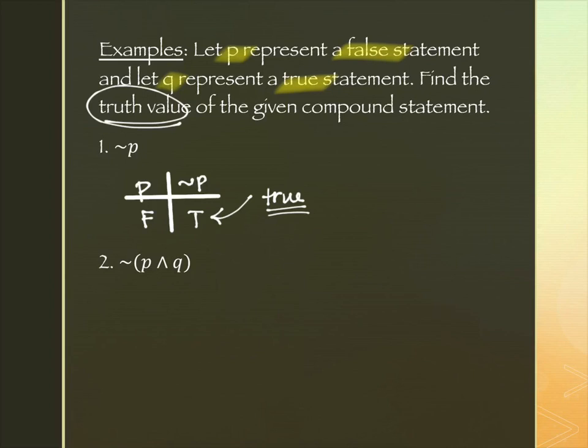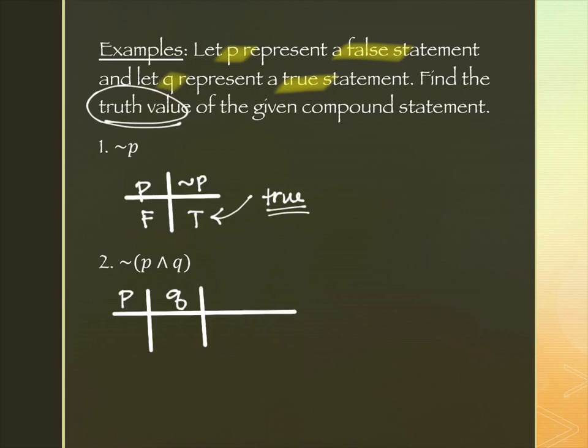The next one, I have a lot more going on, right? I have two statements, P and Q. I also have a connective in between them, and I have a negation out in front. So let's talk about how we do this. We always start out with a column for P and a column for Q. Just like when we were working with Venn diagrams in our last chapter, or with algebra, we start on the inside of something.